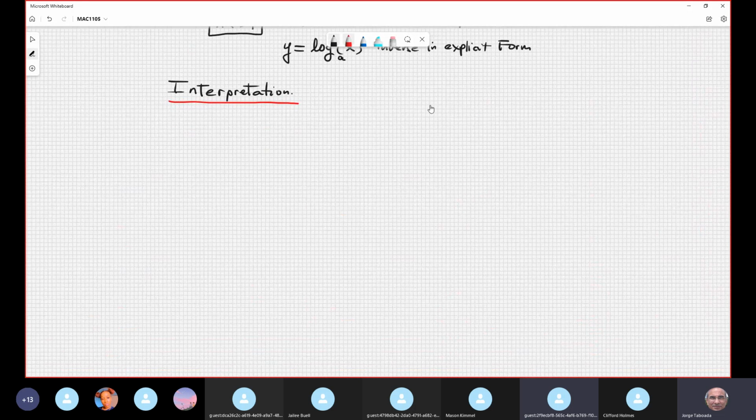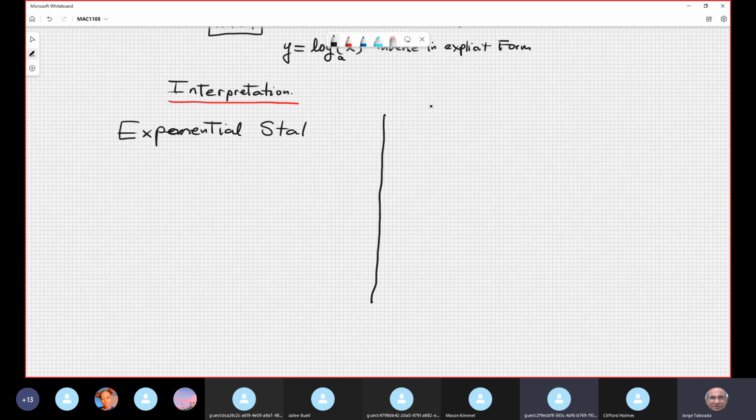On the left, I want to write the exponential statement, and on the right hand side, the logarithmic statement.